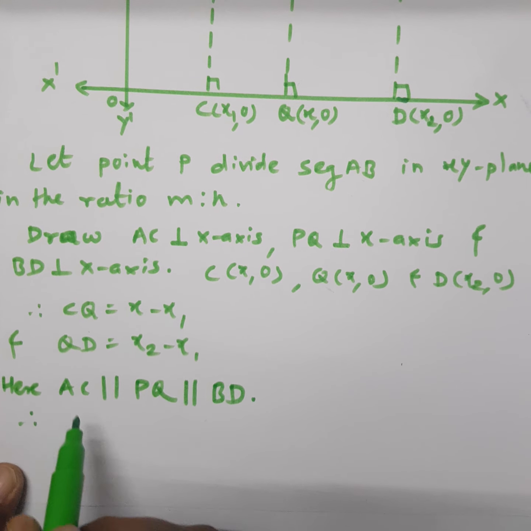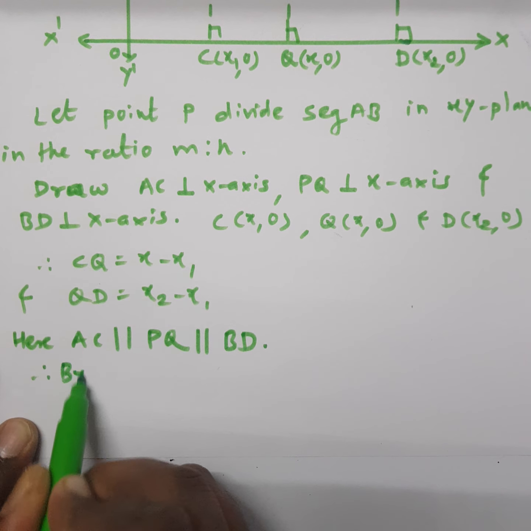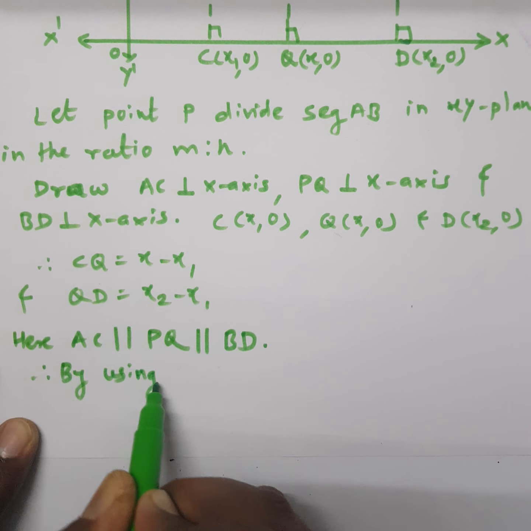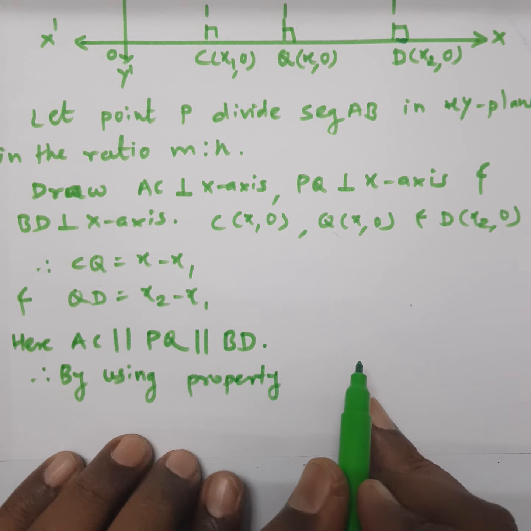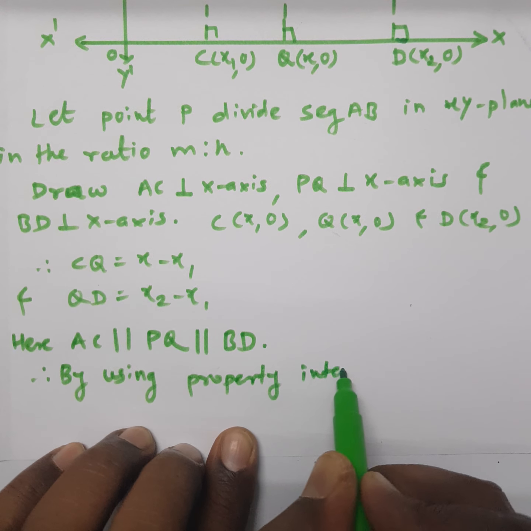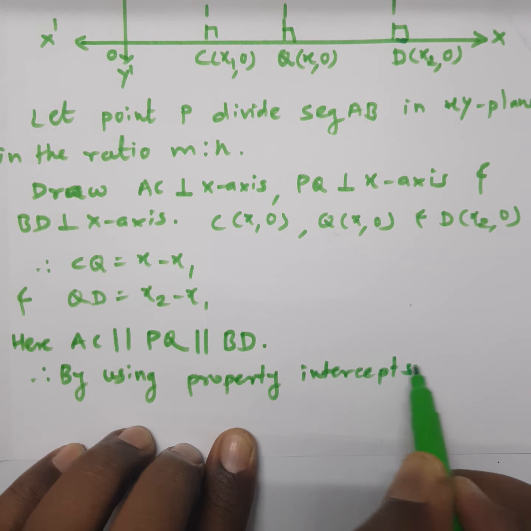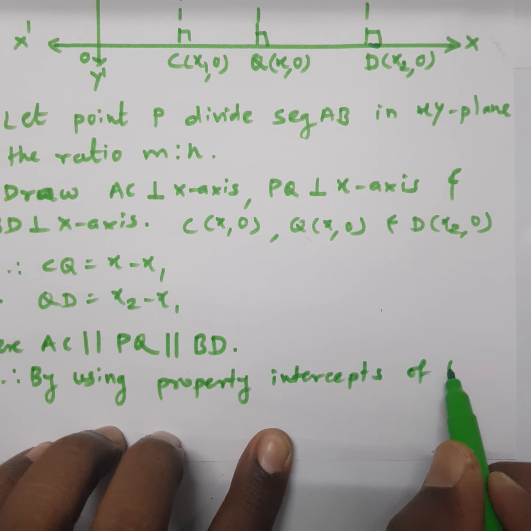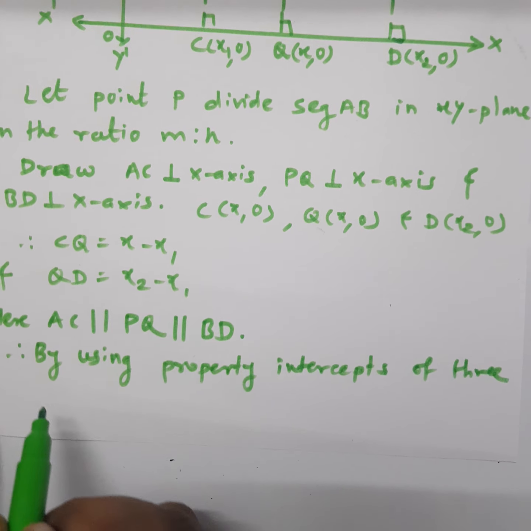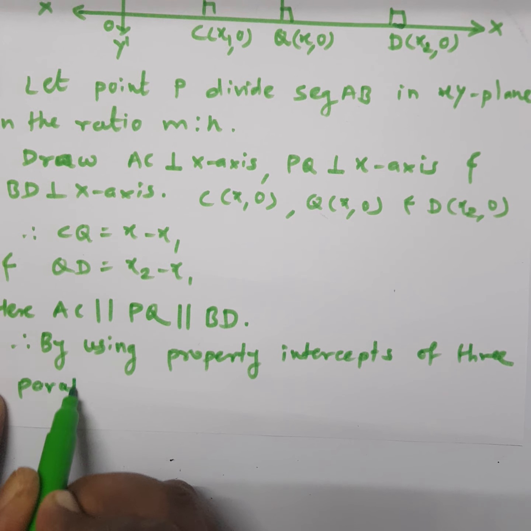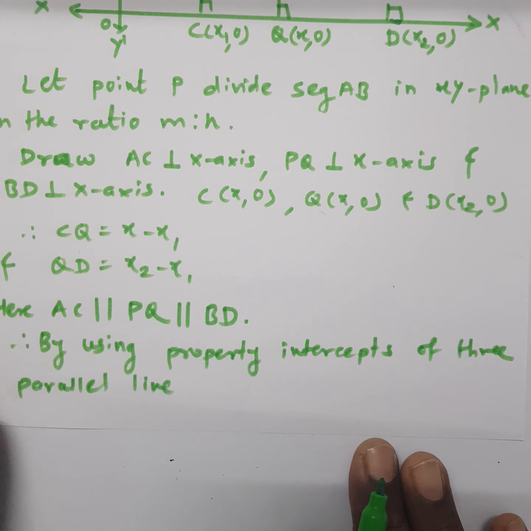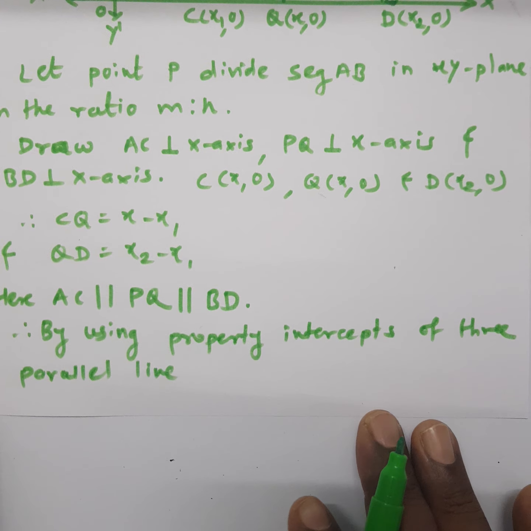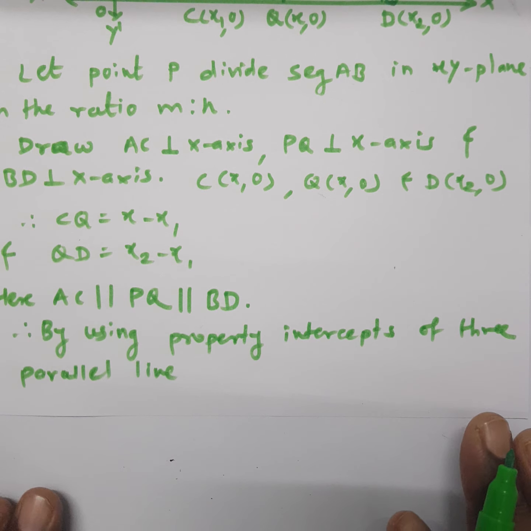Therefore, we use the property of intercepts made by three parallel lines. In the first chapter, Similarity, we have seen this property of intercepts made by three parallel lines.